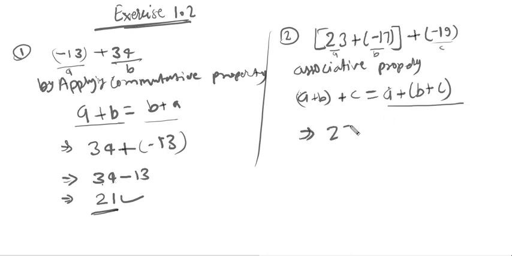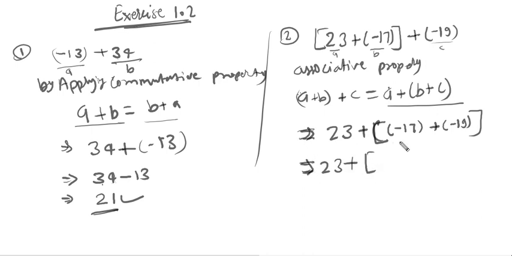So 23 plus, in bracket, minus 17 plus minus 19, like this way, right? So let us solve first these two. Here it is equal sign, plus minus 17 plus minus 19, so minus 17 as it is, plus minus 19.